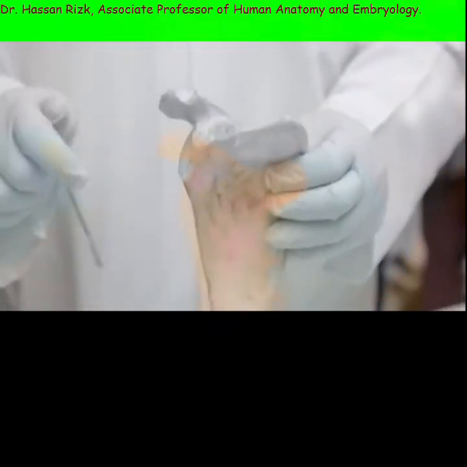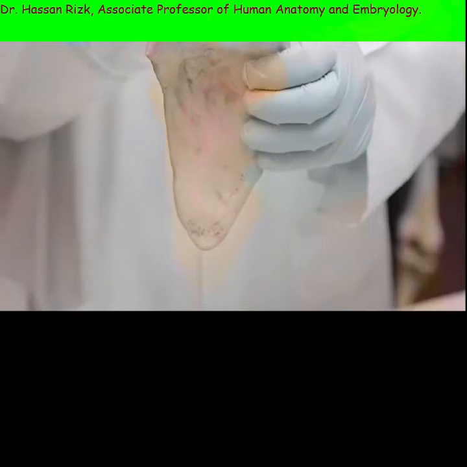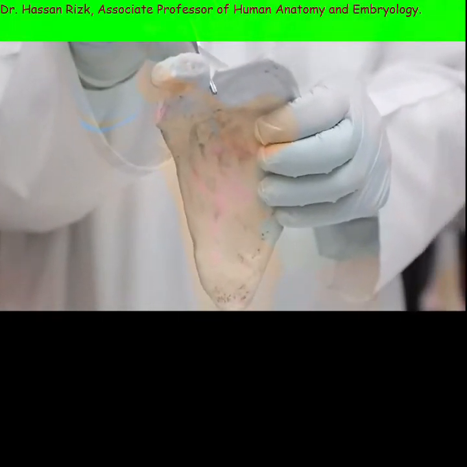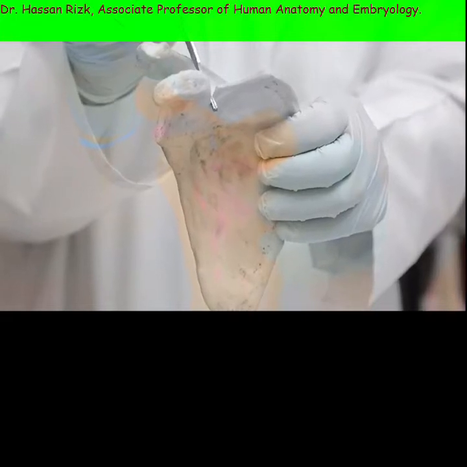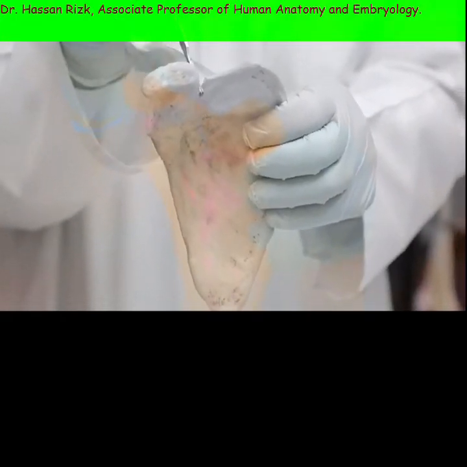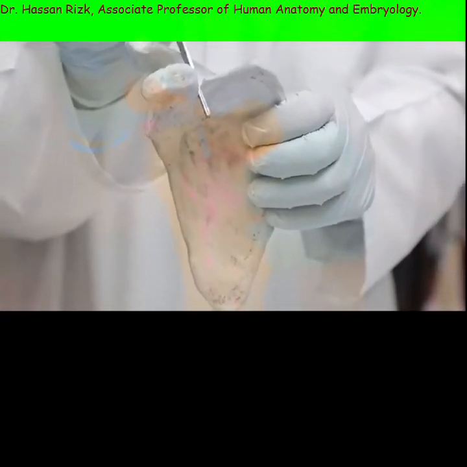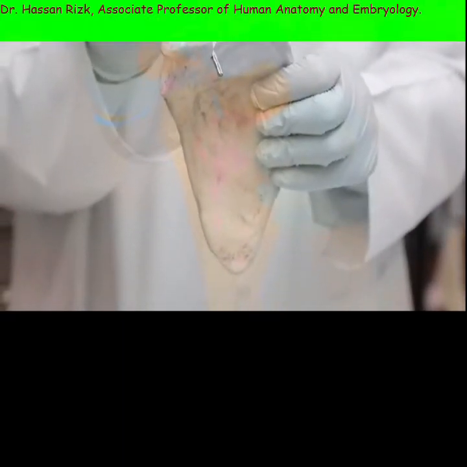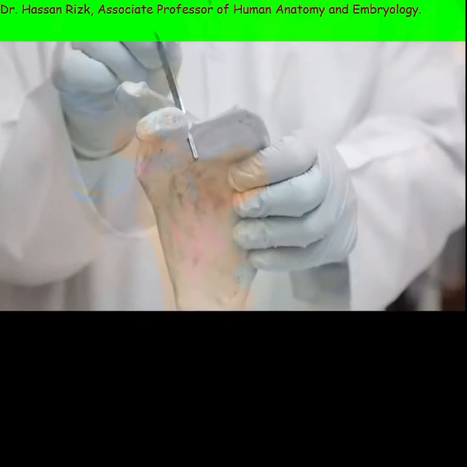The scapula also has two notches. This notch, which lies in the upper border of the scapula, is known as the suprascapular notch. What's the meaning of the word notch? Notch means depressed border.